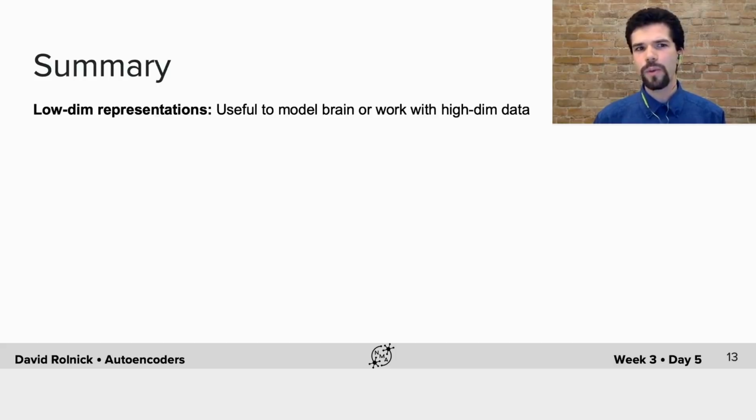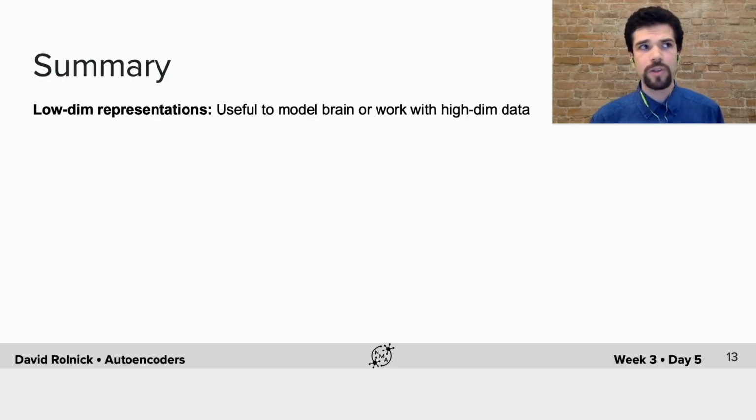So in summary, we've seen low-dimensional representations in many different forms, which are useful either in modeling low-dimensional representations within the brain or in working with high-dimensional data. And again, I'd like to caution, none of these low-dimensional representation algorithms is exactly how the brain does it.